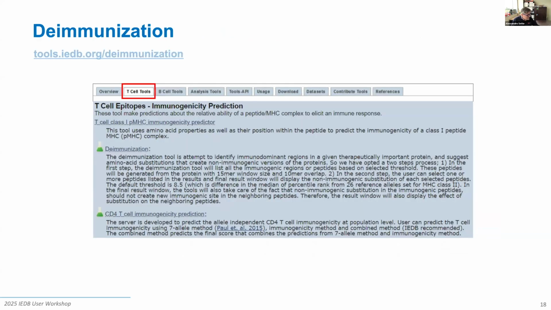Deimmunization is a tool that is often used by people with an interest in preventing immunogenicity. This is done in the context of, for example, protein drugs, antibodies, or other drugs based on proteins that may have been engineered.